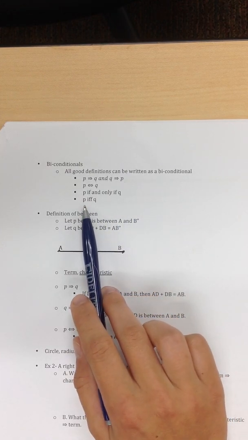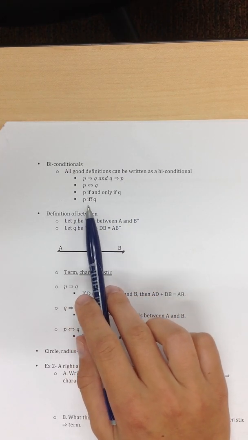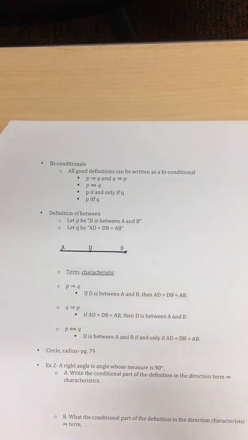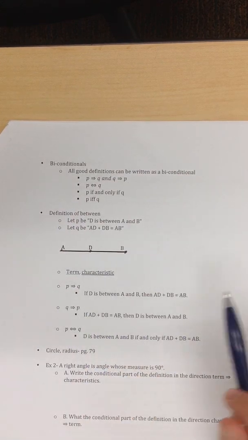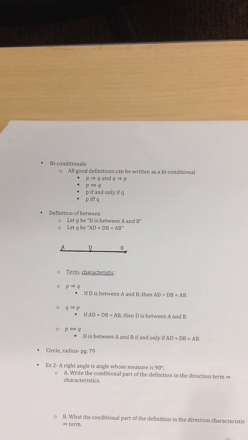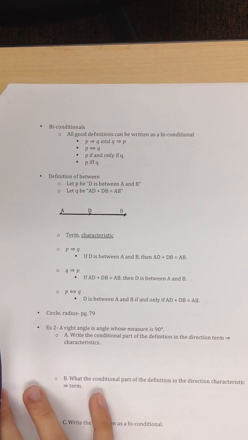And they can also do P, or whatever the first half is, and then IFF stands for if and only if, and then the second half of the statement. But really the big thing with biconditionals is it can be written in either direction, and both ways it's true.